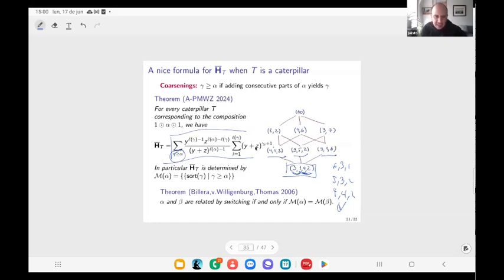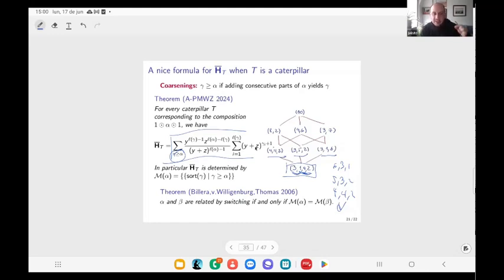And this is the amazing result by Billera, Thomas, and van Willigenburg: they classify when two compositions have the same multiset of partitions induced by the coordinates.